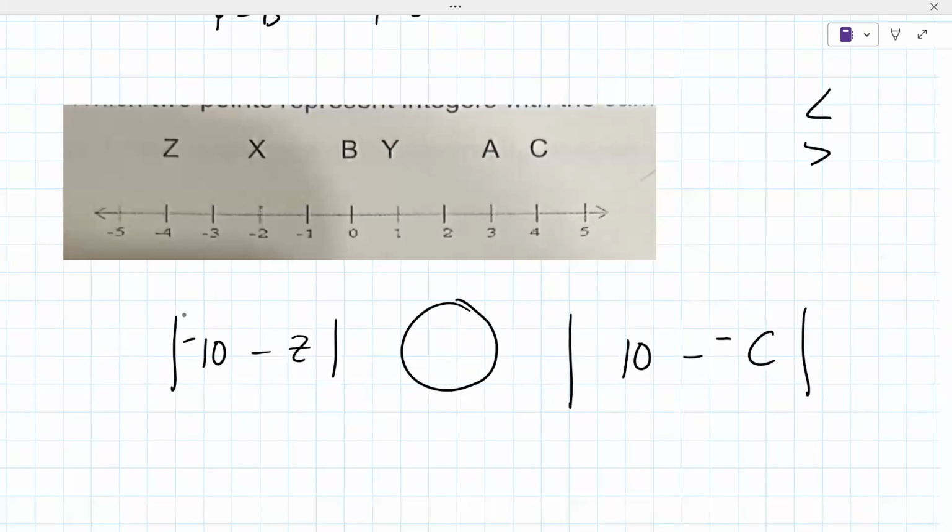I'm looking for less than, greater than, or equal to. Equal to?